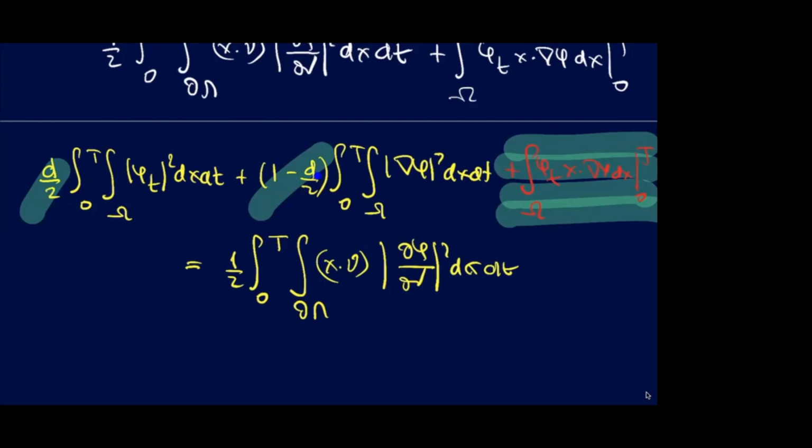In dimension 1, this is fine because d over 2 is 1 half, and then you get here 1 half and 1 half, so you get the energy. But in dimension 2, the potential energy disappears, and that was our goal, recover also the potential energy. And in dimension d greater than 2 it is even worse because the contribution of the potential energy is negative, right? Okay, so we have to work a little bit more.